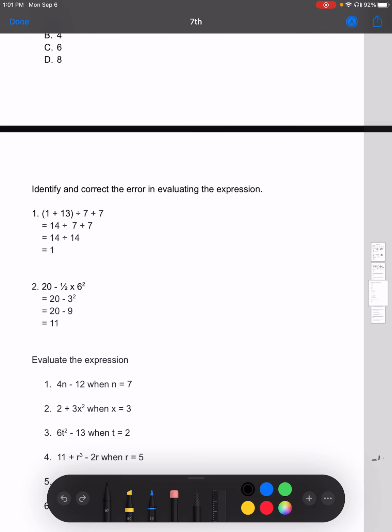Over here, we can try number 2. Identify and correct the order in evaluating the expression. Well, we have PEMDAS. Remember, these are the order in which you do operations when doing math: parentheses, exponent, multiplication, division, addition, subtraction. So over here, we needed to do the exponent first before we multiplied. They multiplied before doing the exponent, which is incorrect.